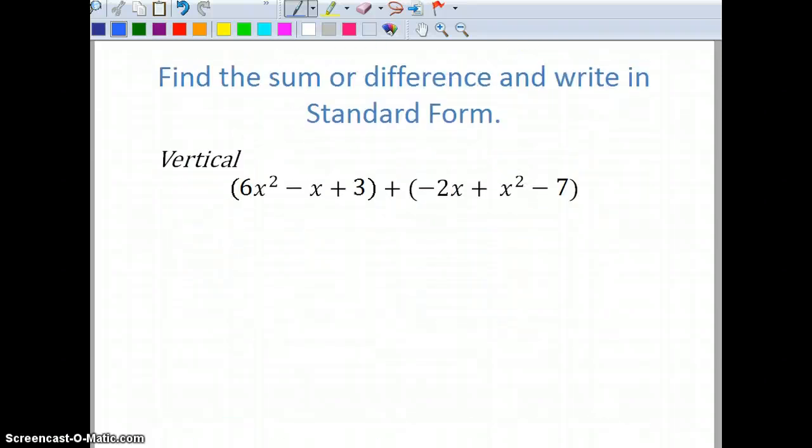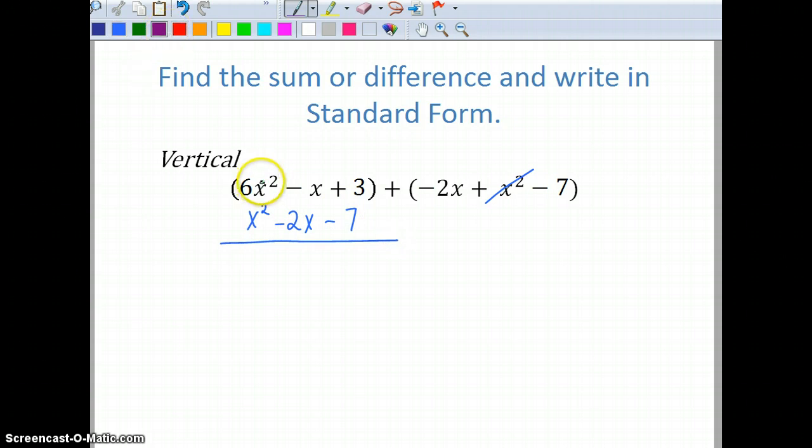Okay, find the sum or difference again and write in standard form. Now this time I'm going to use the vertical method. That just means I'm going to line them up. So I'm going to see if I have any x squared terms, and I do. So I'm going to put a little positive x squared over here. Do I have any x terms? Yes, I have negative 2x and then minus 7.